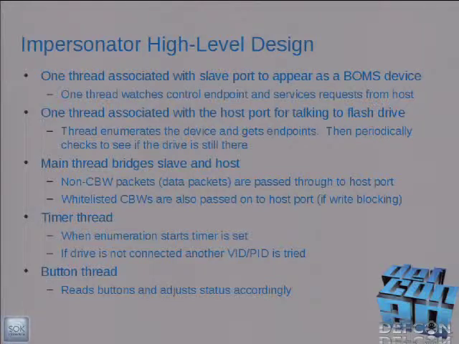So high-level design, it's a multi-threaded app. You've got threads to say, hey, let's talk to this thumb drive, another thread that talks to your computer, some management threads, and things like that.